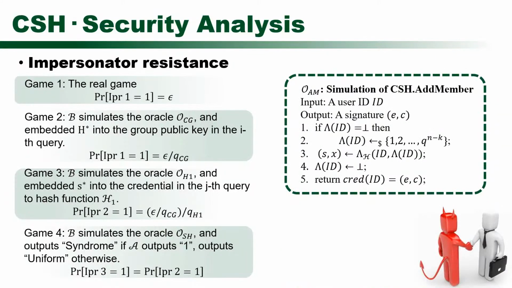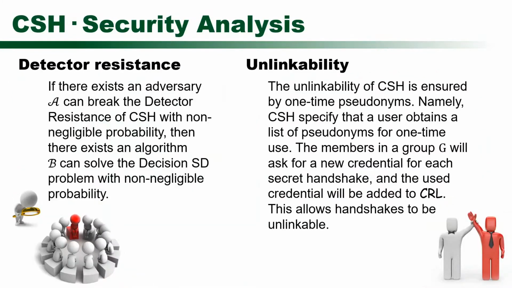The simulation of the hash function uses common methods, just as those used in the proof of the CFS system. The proof of detector resistance is very similar to what we did before, and we will omit it here. The unlinkability of CSH is obtained by one-time pseudonyms. For each secret handshake, the users have to use a new credential.